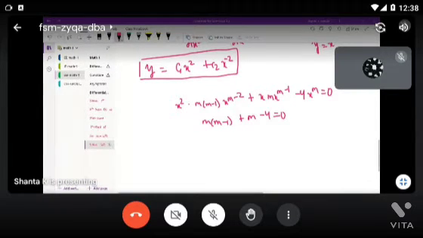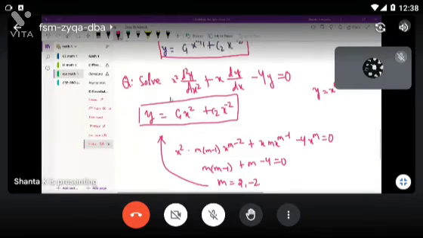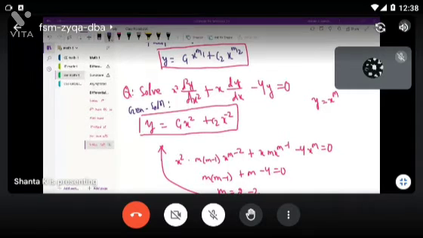So here we are getting m equals 2 and minus 2. This is how you get the solution. I'm not doing the general solution, as we have already solved many. So that is the Euler form.